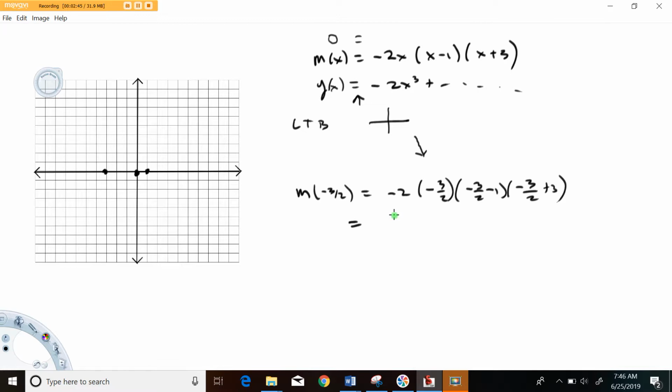Oh my goodness. Let's simplify this guy right there. Common denominator would be a 2, so that's negative 3 halves minus 2 halves. That's minus 5 halves. Now this one, common denominator, again, a 2. So that's minus 3 halves plus 6 halves. That's 3 halves, and it's positive. All right, now let's talk plus and minus signs. Plus, minus, minus, minus. So ultimately this product is negative. And let's see what we get.